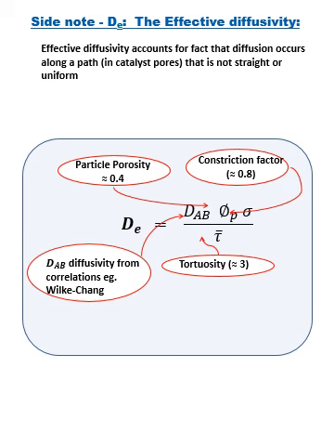So if we think about the effective diffusivity, an analogy is it's comparable to moving from point 1 to 2 by moving through a straight hallway or covering that same distance between point 1 and point 2 but walking through a very dense maze. So this diffusivity here is the normal one that we calculate using Wilke-Chang or similar correlations.